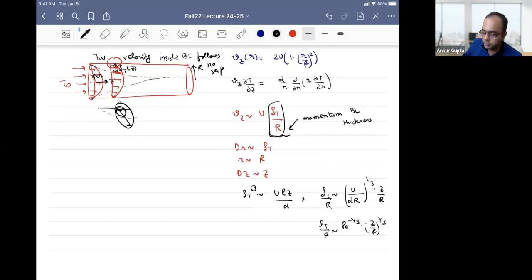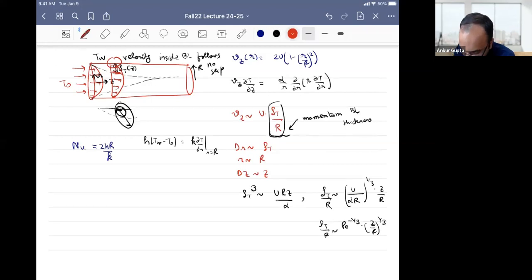All right. Let's keep going. We discussed Nusselt's number, and we said Nusselt's number is equal to 2hR by k. If you remember, we said h times (T wall minus T naught) was equal to minus k del T by del R at R equal to capital R. From here, we were able to scale that h would be equal to k delta T by delta T, delta T being the boundary layer thickness.